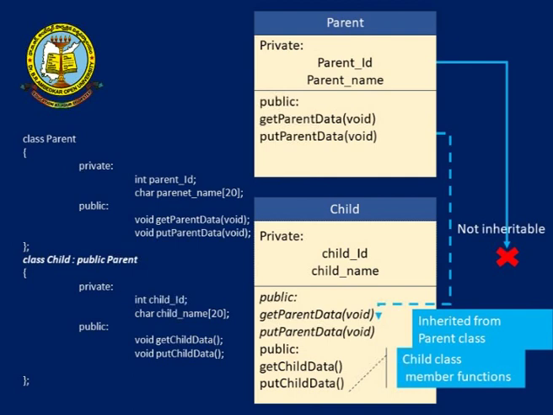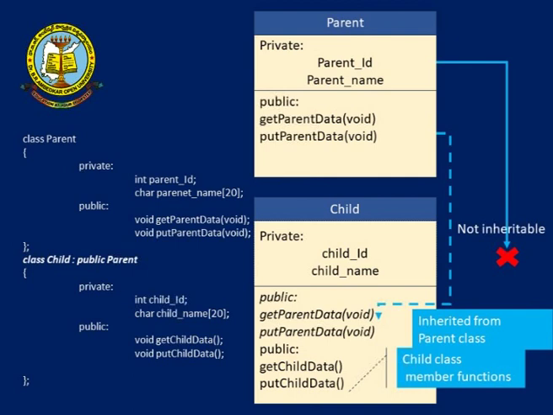So, these two are the private members. As we already know, the private members are inaccessible outside the class, and these are not inheritable into the child class. And we also have the public portion. In this public portion, we have two member functions, known as getParentData, which returns no value.